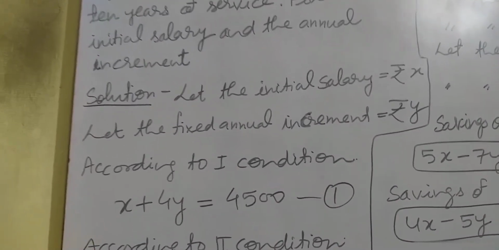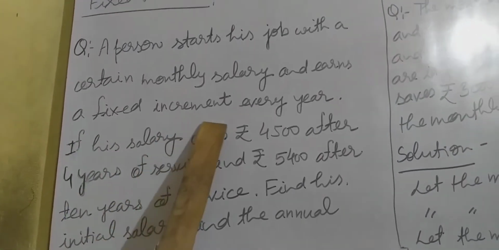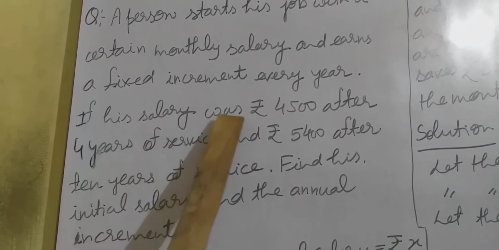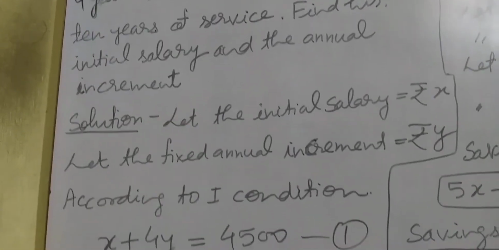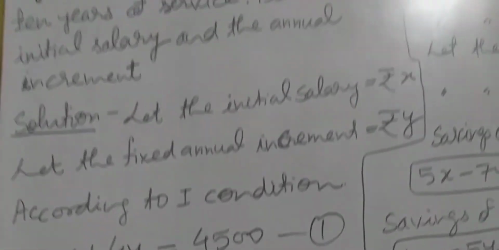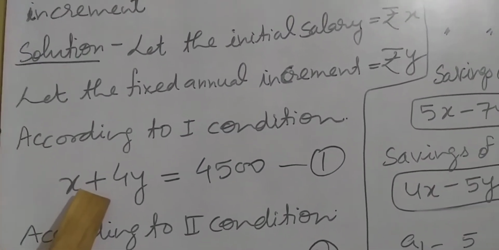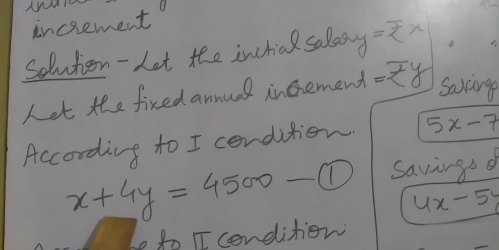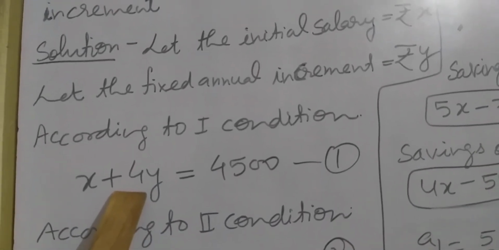According to the first condition, it is given that his salary was rupees 4,500 after 4 years. So this is initial salary plus 4 years of service given, so 4 times he gets increment.